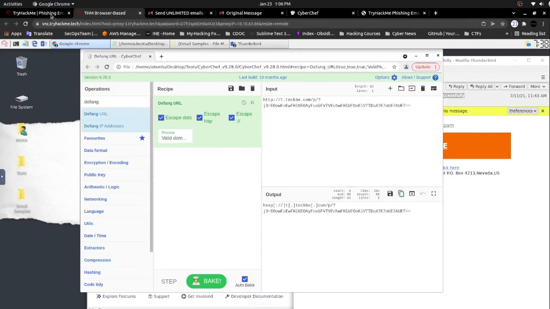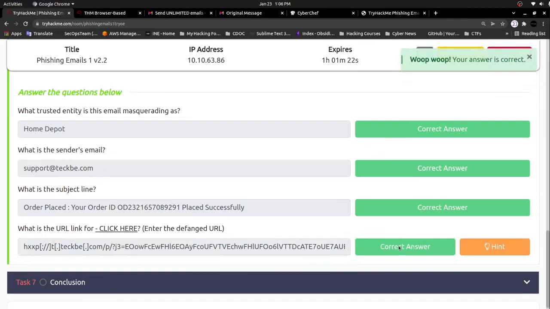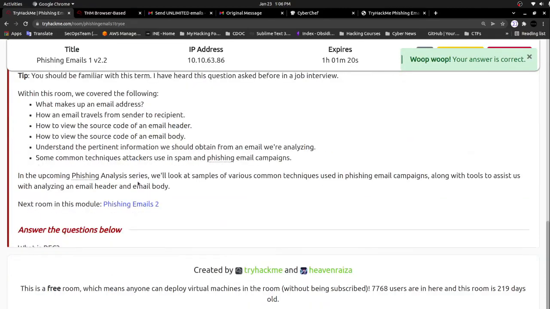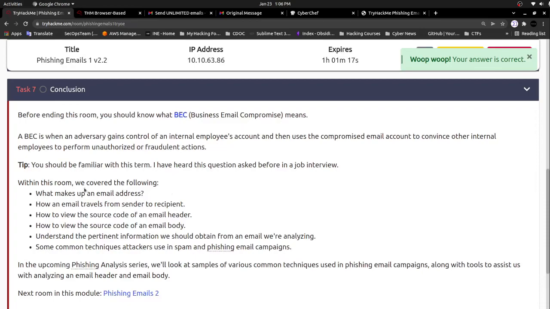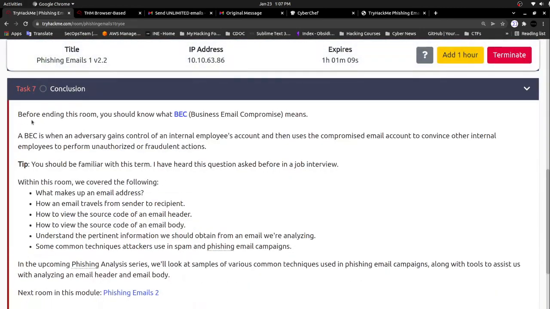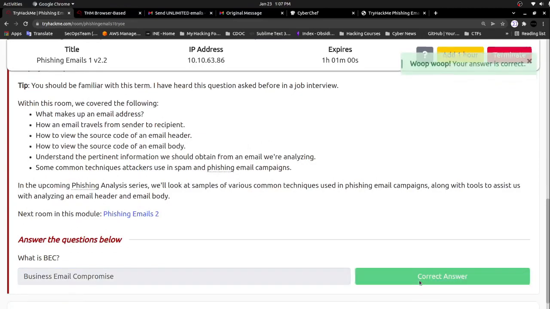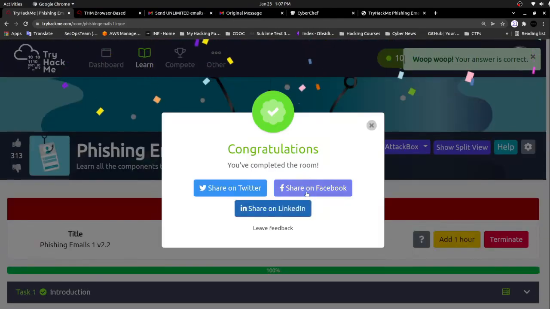So let me right click and copy the link location, then paste it here. It's not the right answer, and I need to enter the defanged URL. So I'm copying the same and going to use CyberChef. Yeah, this is what I wanted to share with you.